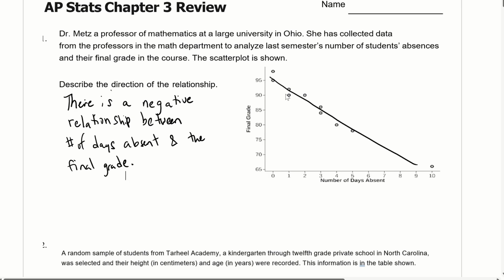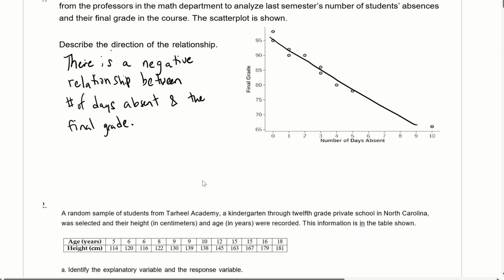All right, and that's pretty much it. So you have to describe that relationship. Nothing crazy. So, as the number of days increases, the final grade decreases. So there's that negative relationship.